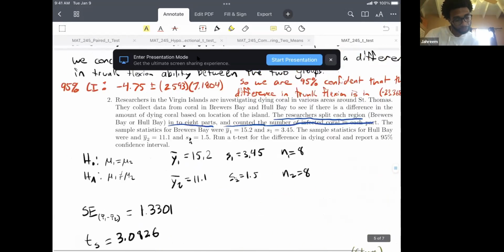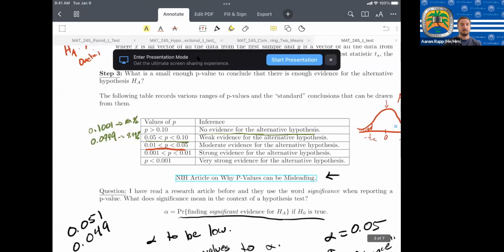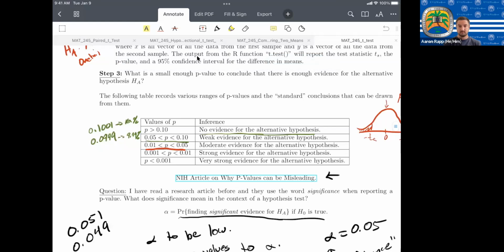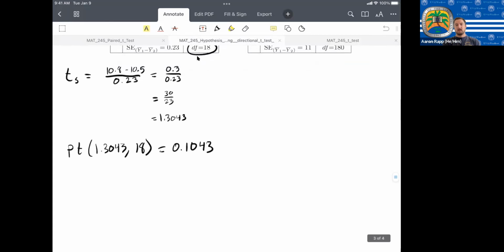We definitely are above the cutoff that says we would normally want to report there is no evidence, right? Normally above that cutoff. But for our p-value, how far above that cutoff of 0.1 are we?